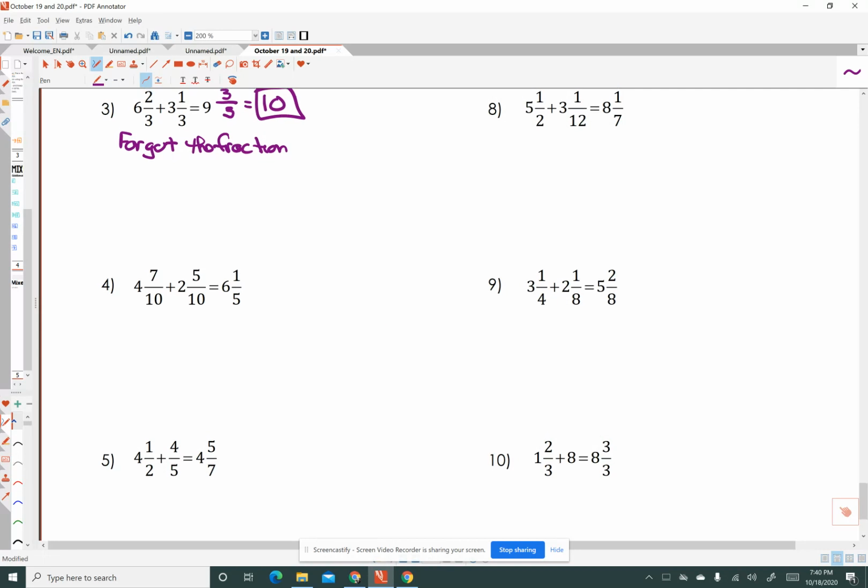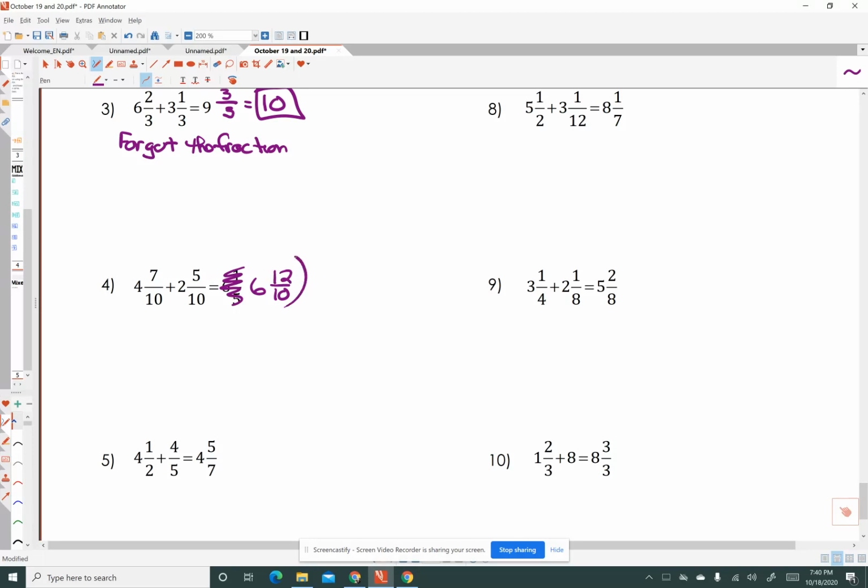Okay, let's look at the next, number 4 and number 5. So number 4, let's do this problem and then decide what they did wrong. They've got 4 and 7/10 and 2 and 5/10. So 4 plus 2 is 6. 7 plus 5 is 12.